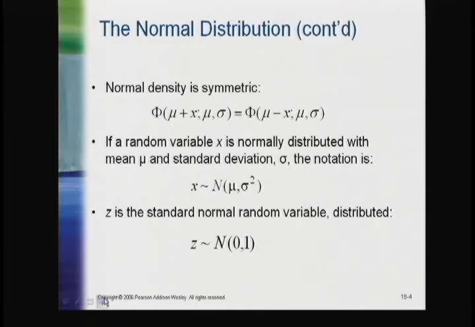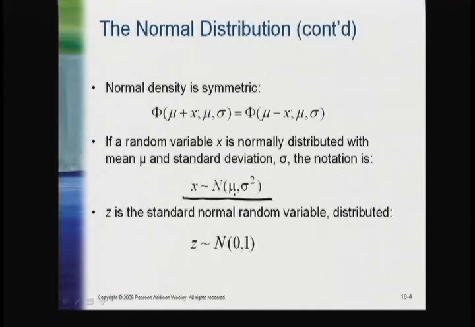We also have standardized notation that if x is normally distributed, has a mean of mu and variance sigma squared, it's convenient to express it this way: X is normally distributed, capital N, and then you identify the mean and the variance.